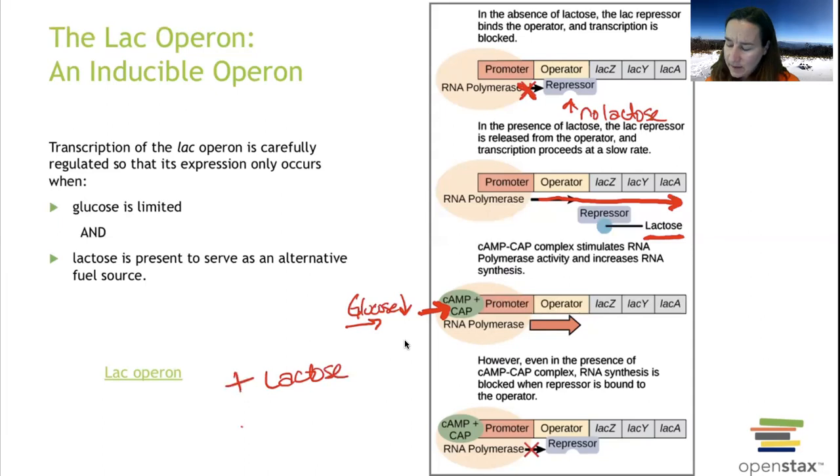And we must have low glucose levels that will lead us to this step here and activate the RNA pol to turn it on and send it on down its way. So this is an inducible. Glucose has to be limited and lactose has to be present to serve as the fuel source. Otherwise, why create the ability to break it down if it's not there to break down in the first place?